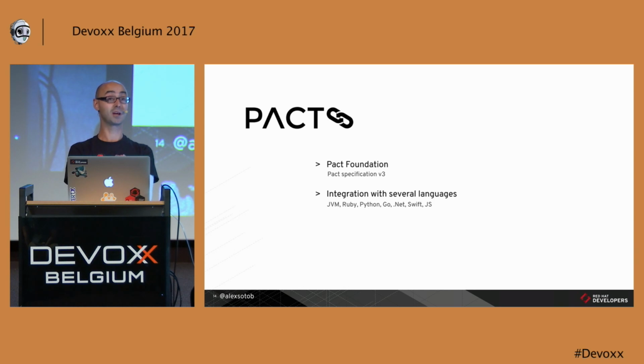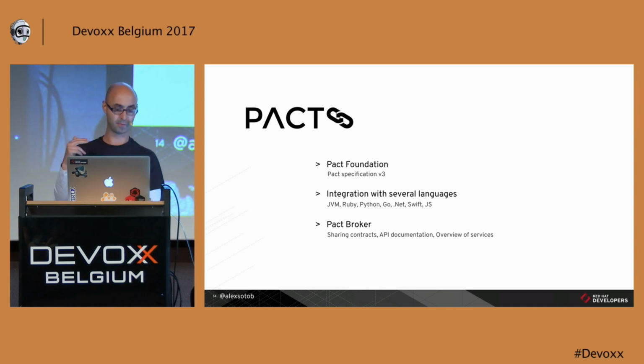And if in your back end you are using a polyglot approach, where you have one microservice with .NET, another with Java, another with JavaScript, then you can still use the same approach for validating all the contracts of your architecture. Finally, Pact comes with a Pact broker.